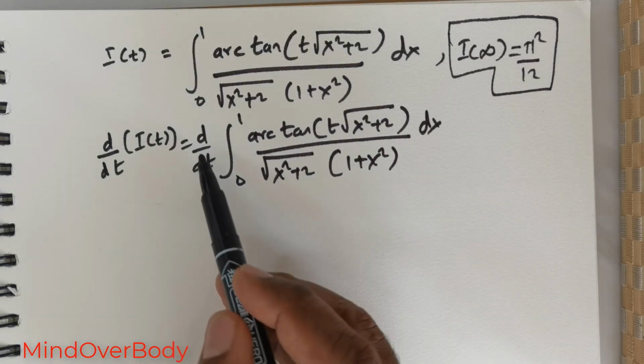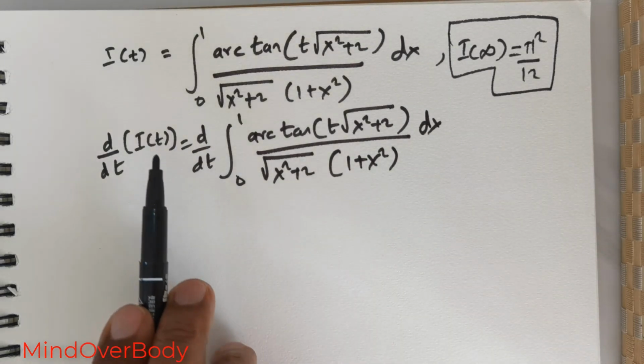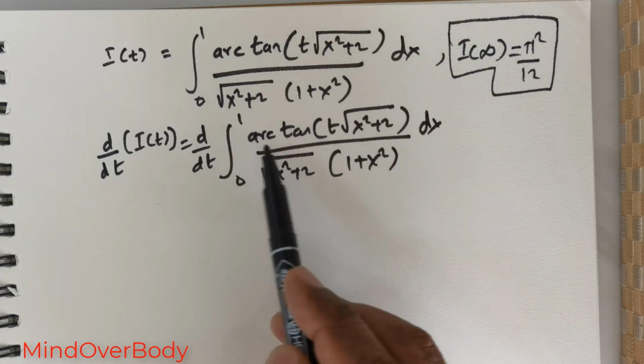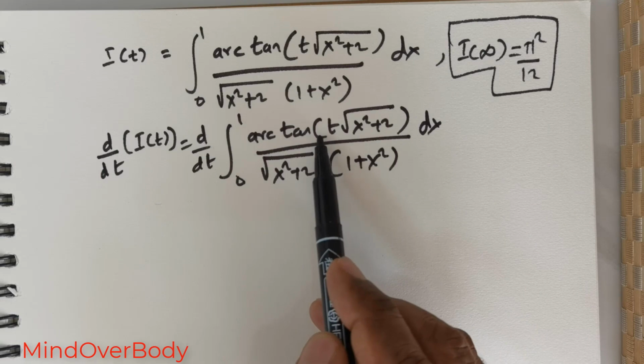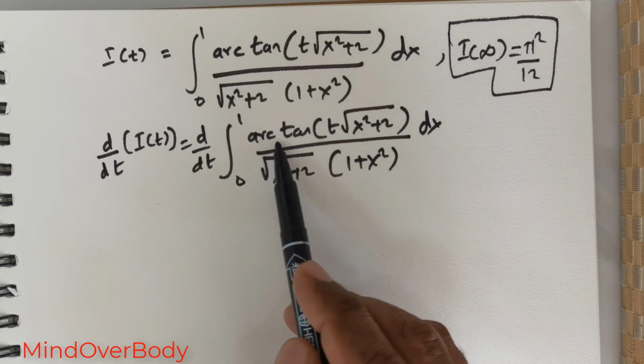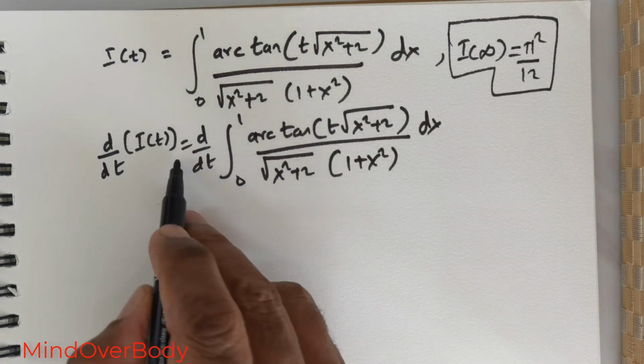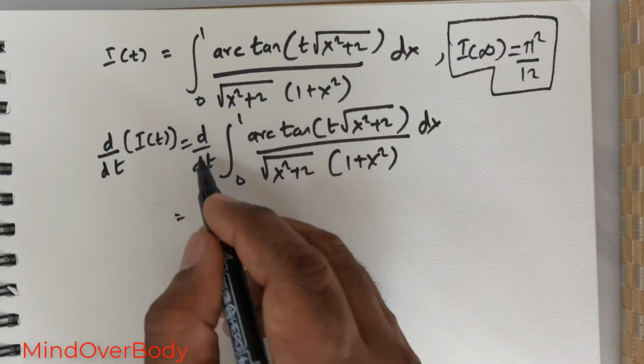Now d over dt is a total differential. Now I would like to pull this inside. That is only possible if the quantity that you see here in the numerator is bounded. Now clearly arctan is bounded. So because the quantity is bounded, I can push in d over dt.